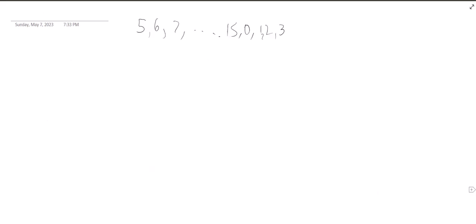So helpful to read the problems. So we get to 1, and then we reload 5. So 5 is what we load, and 1 is what we detect.